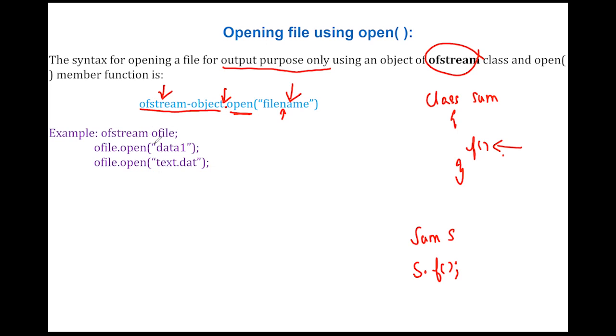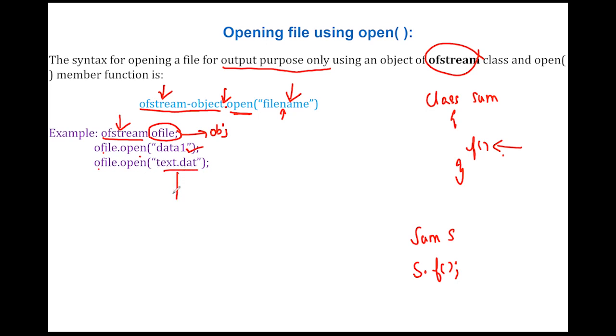So for example, see here, ofstream ofile. So this ofile is my object name. Initially I'm creating an object, then using that object, see, ofile.open, I'm using data1. This is the first file I'm going to open. ofile.open text.dat.